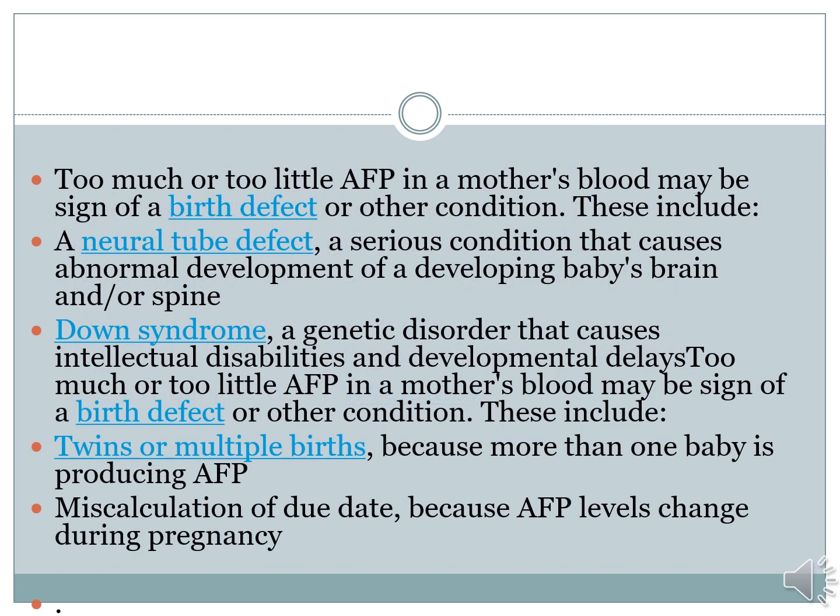It can be high in certain birth defects, certain neural tube defects, and in Down syndrome it will be too little, or sometimes it is high in multiple births or twins. Sometimes a wrong calculation of gestational age will give you a misleading result about alpha-fetoprotein. So it is very helpful in the diagnosis.